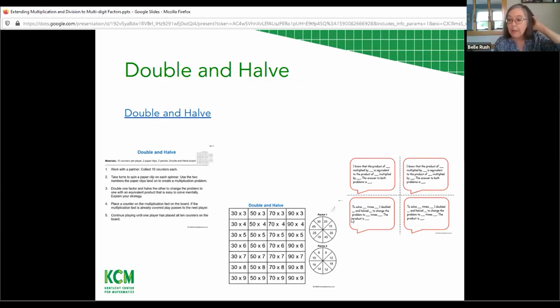What I like about this one is over on the right of this screen, it's got a little sentence starter for the kids to get that discourse going, where they can say, well, I know that half of 50 is 25, so for 25 times 6, I can double and half. So it gives them a framework, what to say to get that discourse going. I like that little feature in that game.